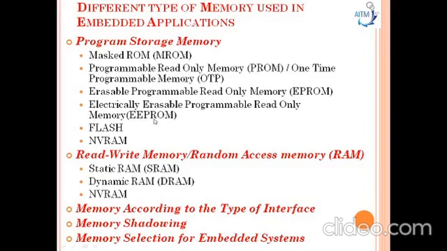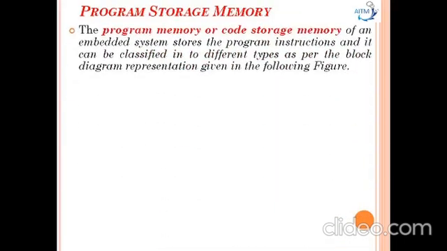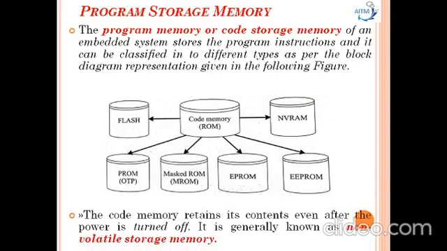Now we'll go to the first type of memory, that is program storage memory here. The program memory is also called code storage memory, and for an embedded system it stores the program instructions, and it can be classified into different types as shown in the figure. It can be categorized as PROM, masked ROM, then EPROM, EEPROM, then flash memory, then NVRAM here.